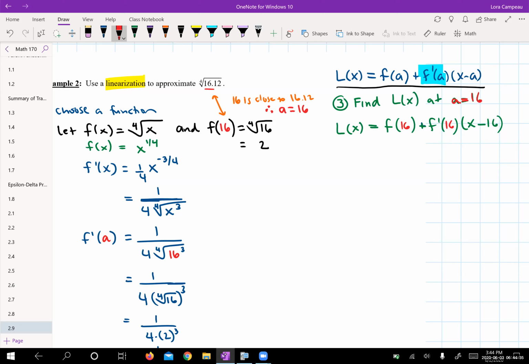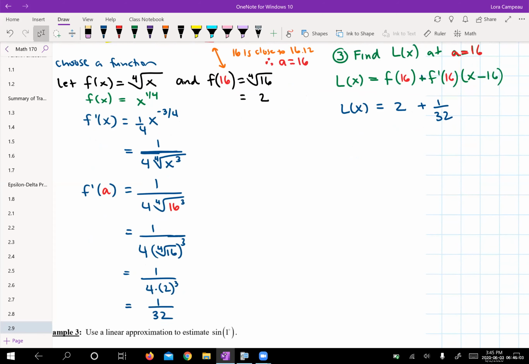So now we look at the two components we just calculated. We calculated f of 16 already. So we have linearization of x. f of 16 was calculated to be 2. The derivative of the function that we chose, evaluated at 16, was able to be written as the slope. We have the 1 over 32. And then we still have this x minus 16, x minus a part. Let me highlight that so that we see.